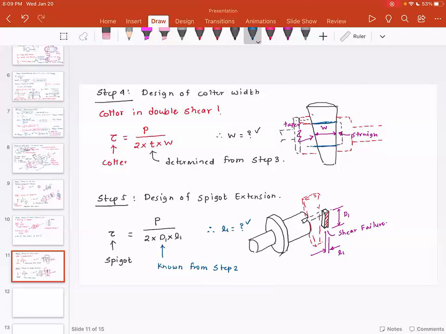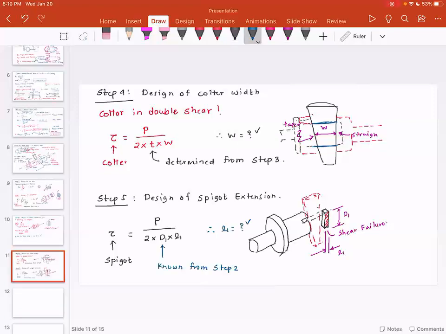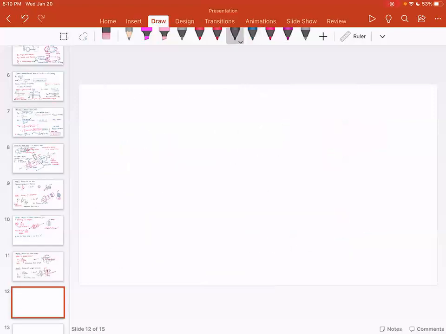Now, the next step is we have to find out the socket collar. So the next step, which is step 6, is the design of socket collar.